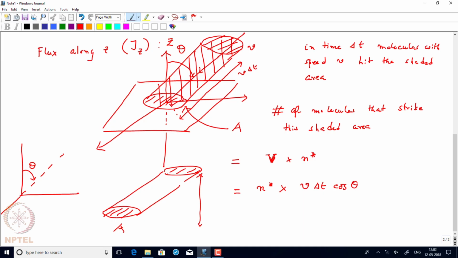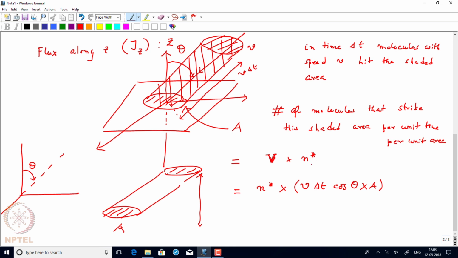Now this is basically the height times the base area, which will be the volume. So this quantity is the volume of the slant cylinder. Now all we are interested in is not the number of molecules that strike this shaded area, but we want to calculate a quantity which is per unit time and per unit area.